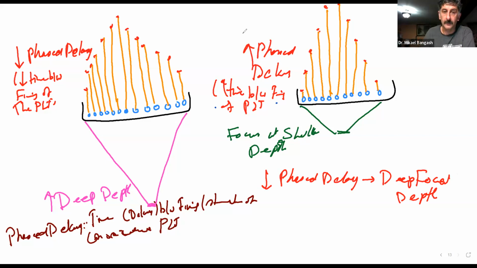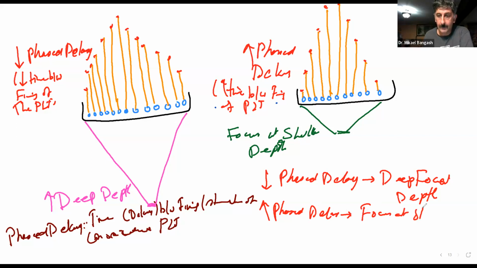And vice versa, if we had a greater phase delay, that will actually cause the beam to focus at a shallow depth. Did that make sense?